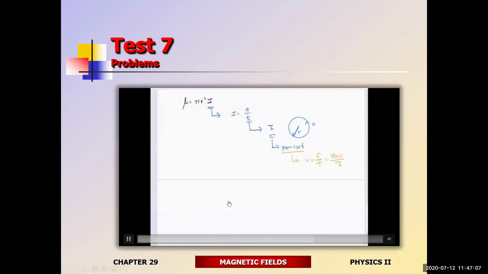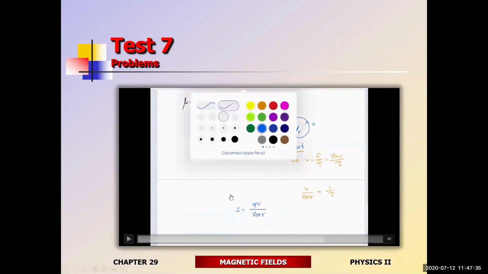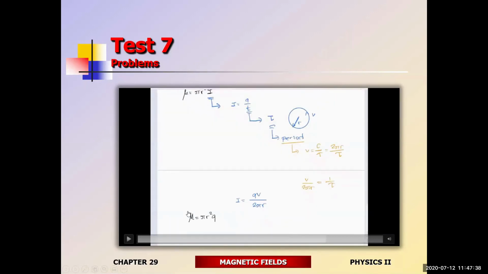Notice that this expression is going to be 1 over the period. So we can do a back substitution. Our current is going to look like that: the charge moving at the speed through the circumference of the circle. Now we do a back substitution into the magnetic dipole formula.